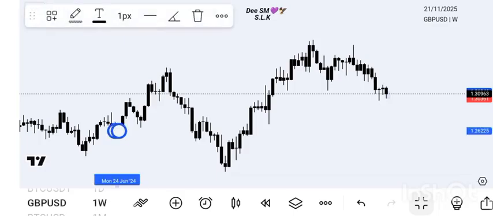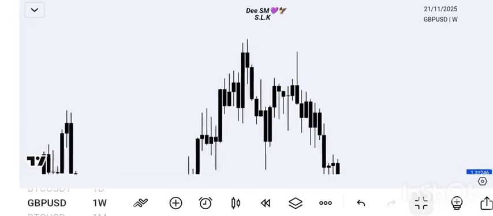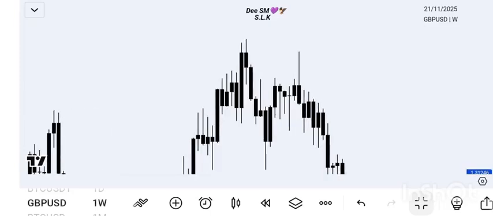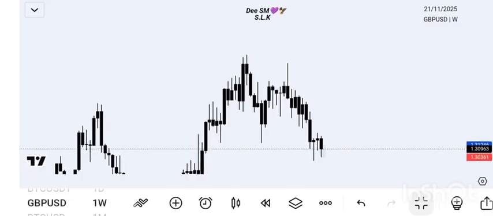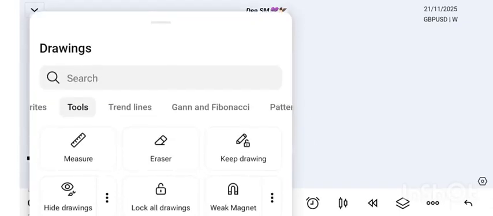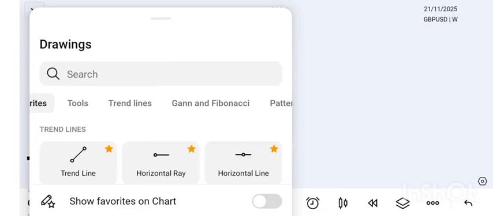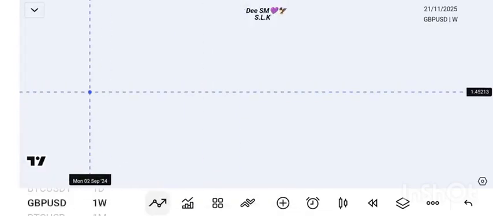Thank God. So I taught you guys the first way of building your bias using CRT, market liquidity. That's the first way to build your bias. And then the second one is building your bias using liquidity. I said you can start from the monthly time frame.